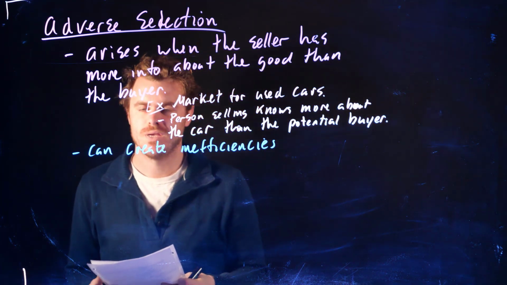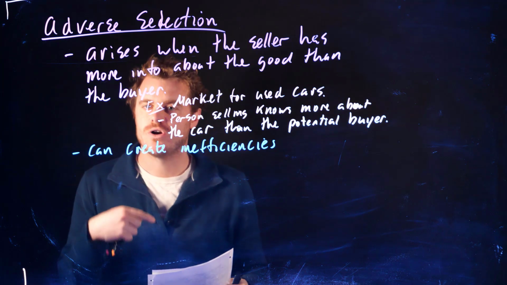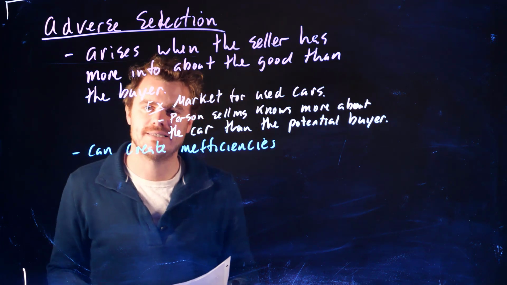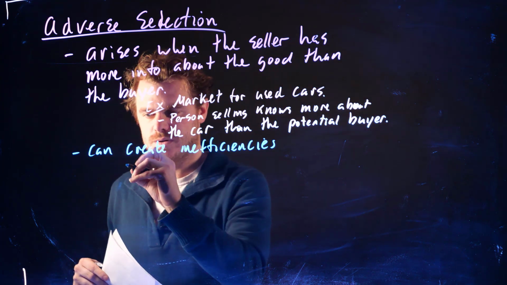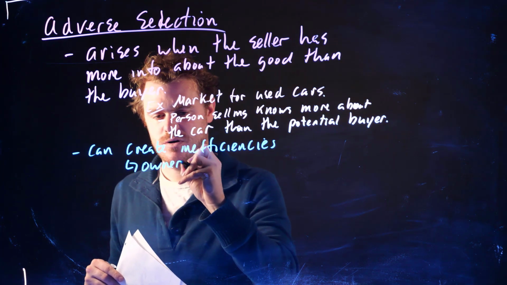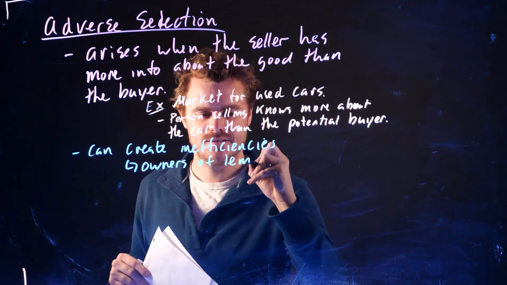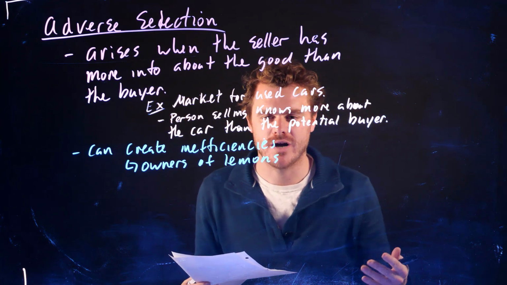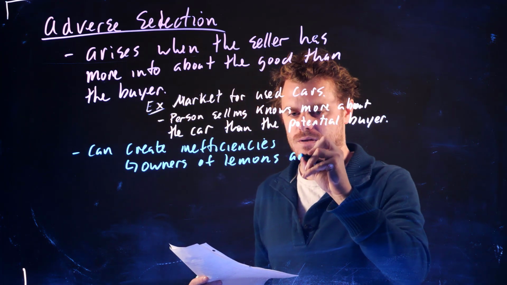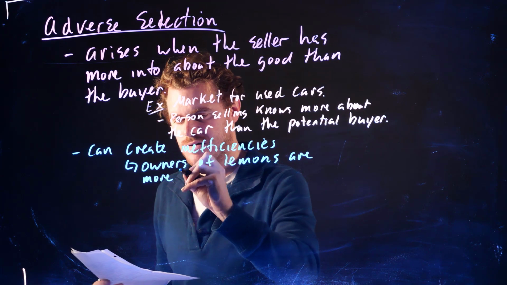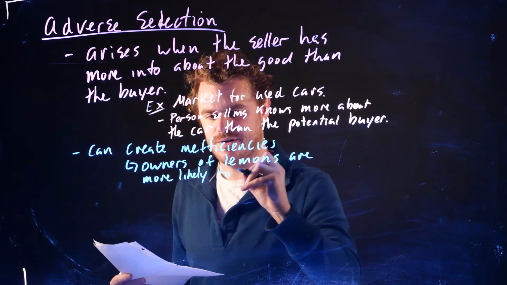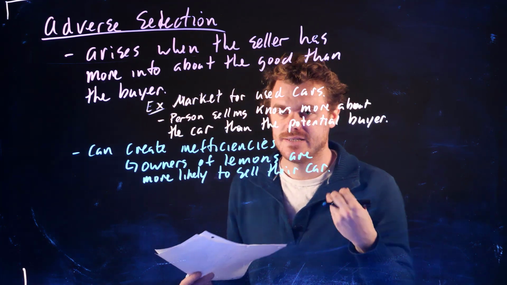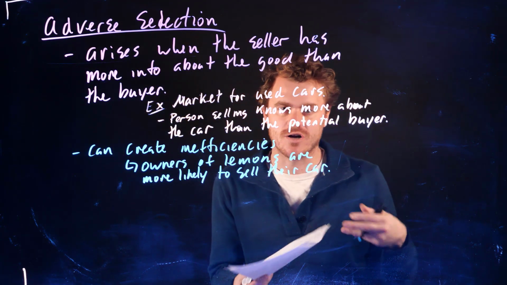So for example, if you figure out that your car is a lemon, and you figure it out fairly quickly, you're likely to want to sell that lemon. So owners of lemons, and by that I mean poor quality cars, are more likely to sell their car as a used car.